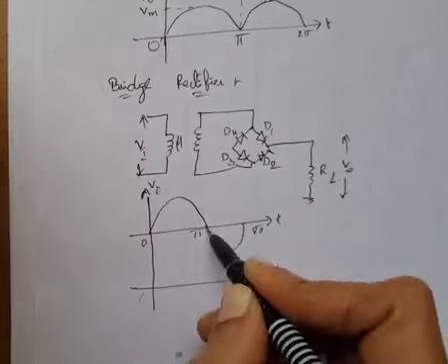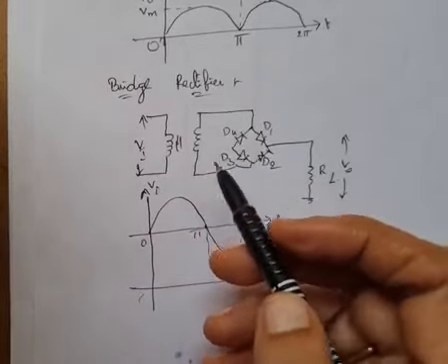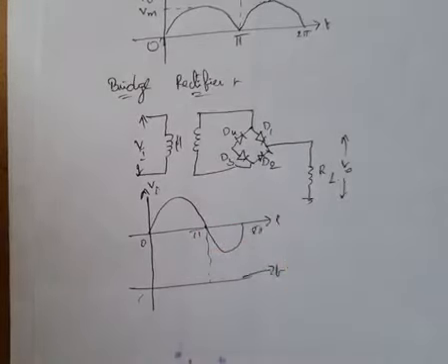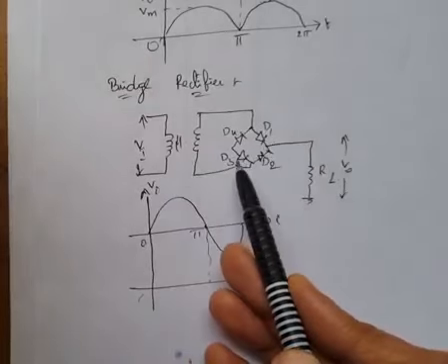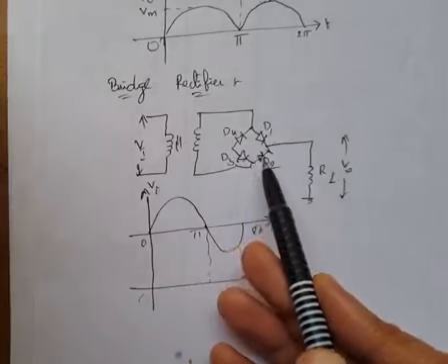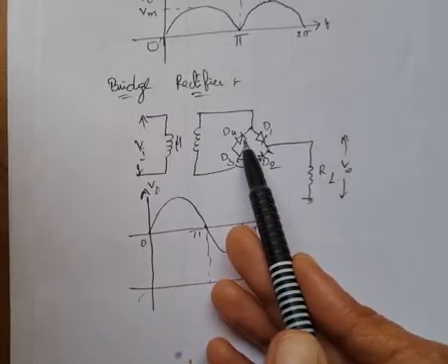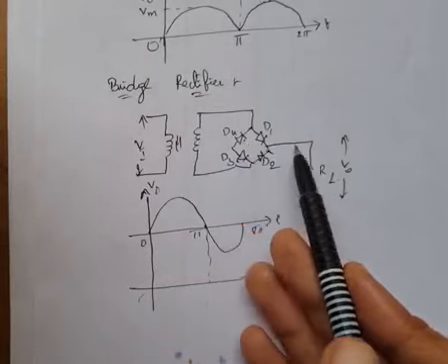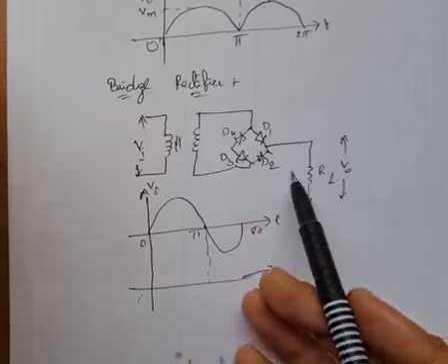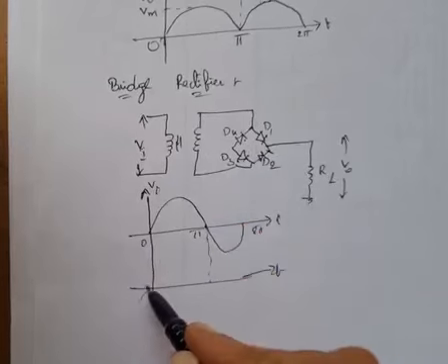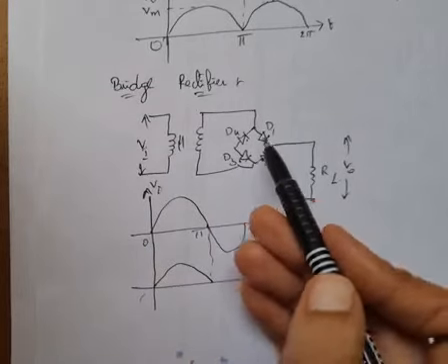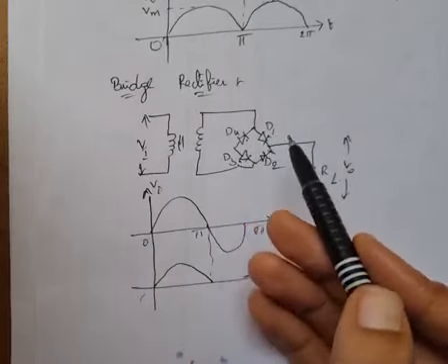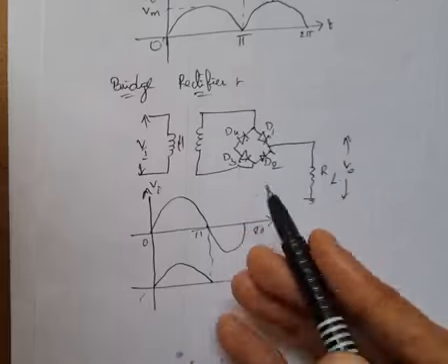During the positive half cycle of the input AC voltage, diodes D1 and D3 conduct. At that time D2 and D4 will not conduct. Remember this. The voltage across the load resistance RL is the same as VI, so the positive half cycle appears.